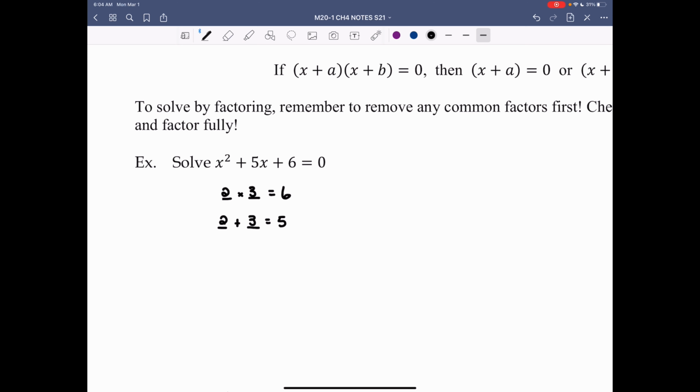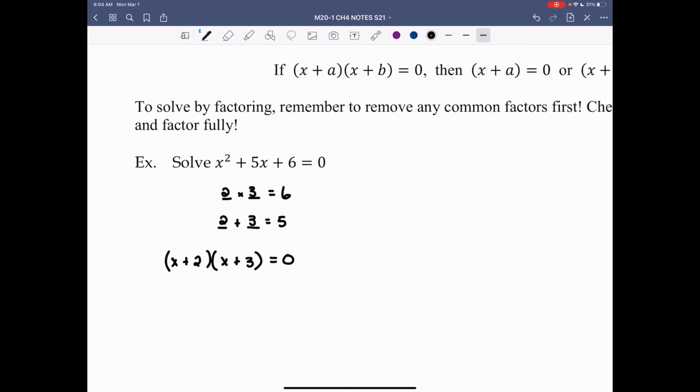Because this is a basic trinomial, we can go right to our two factors: x plus 2, because it was a positive 2, and x plus 3, because it's a positive 3. So x plus 2 times x plus 3 equals 0.